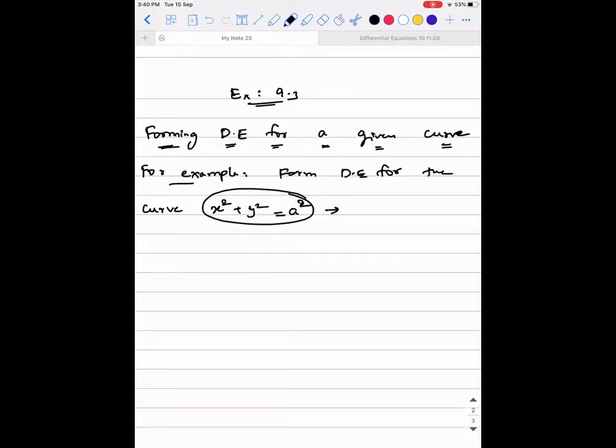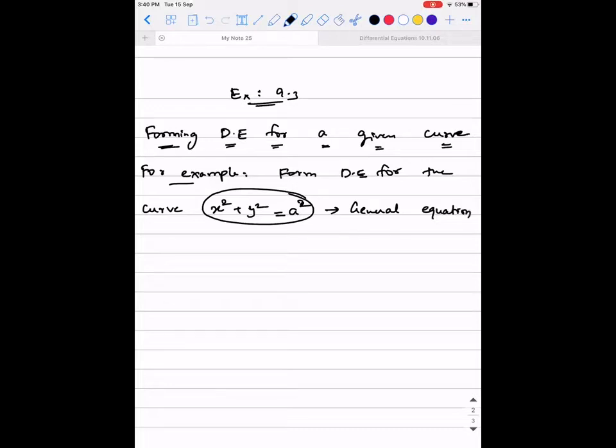General. Why are you saying it's general? Because it has an arbitrary constant, which means the value of the equation will change as you keep changing the value of a. Right? It's a general equation.